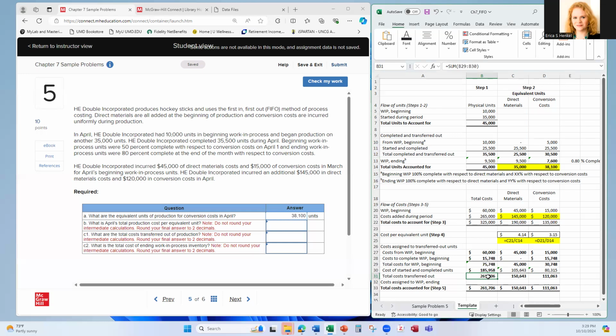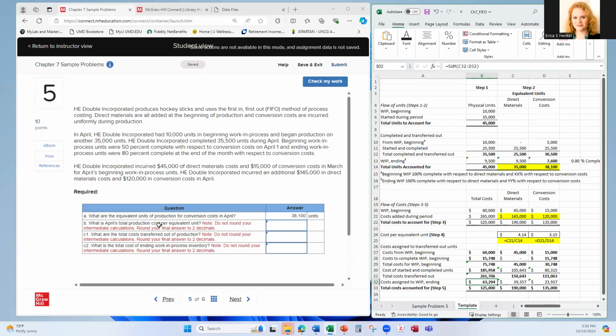And then the costs assigned to the remaining WIP is just your ending WIP units, so C13 times C24, and then D13 times D24. If we sum that, just copying that sum function over, it's those two cells there. That gets us costs for the WIP total of 63,294.